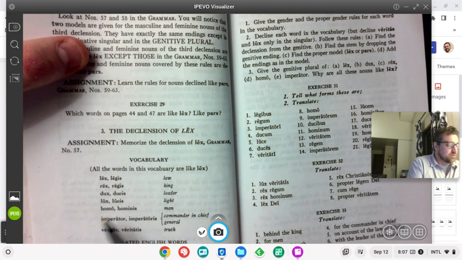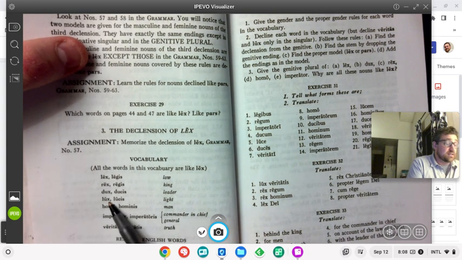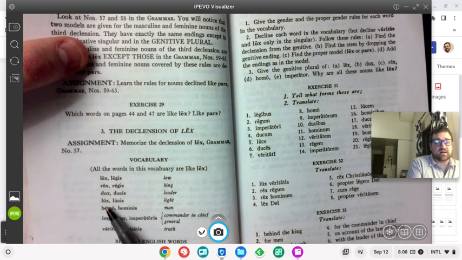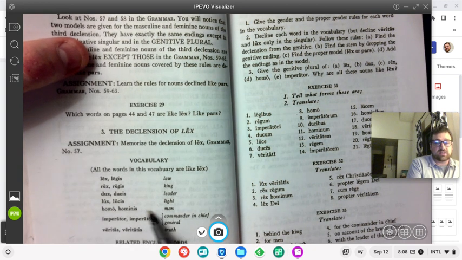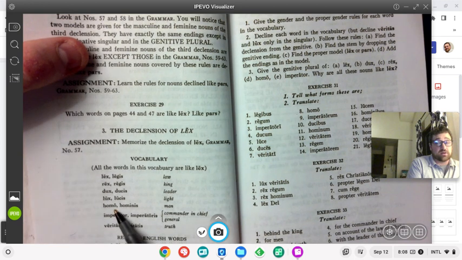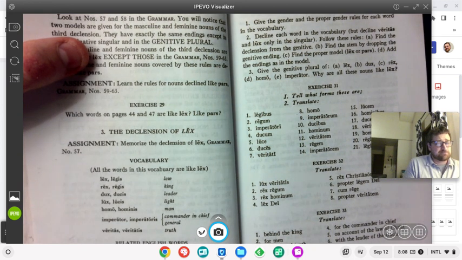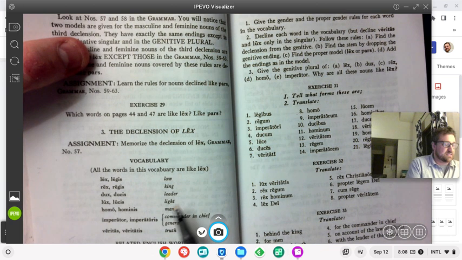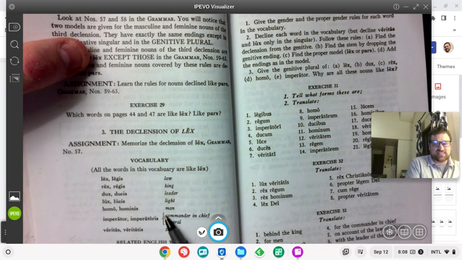Okay. Lux, lucis, that means light. Lux, lucis is a feminine word. Homo, hominis means man. Homo ends in O. It would be feminine because of the Sox rule, but it means man, and it actually means mankind, but guess what?